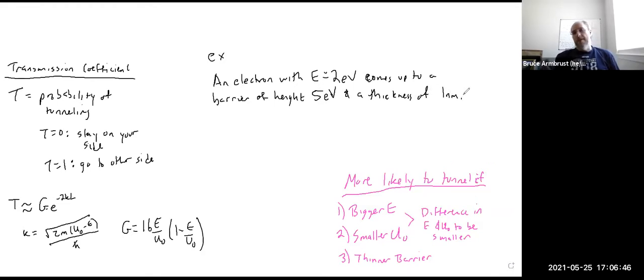So our electron is just doing its thing, comes up to this potential barrier that's got a much greater energy than it, right? 2.5 times. But it's thick. It's about 1 nanometer.